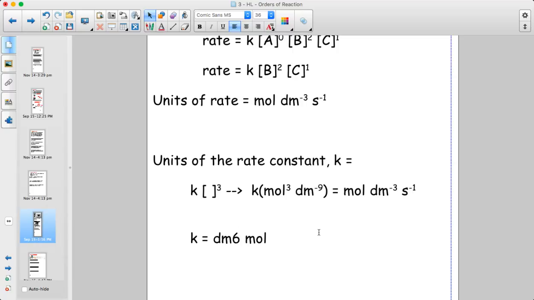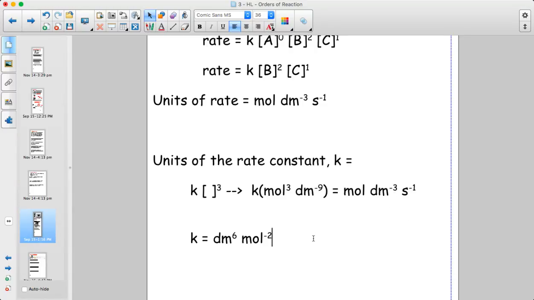And so we get this. So this part of the rate constant's units will cancel out 2 of the moles from here, leaving us with mole on top. dm6 will cancel out 6 of the dm to the minus 9, leaving us with dm minus 3.